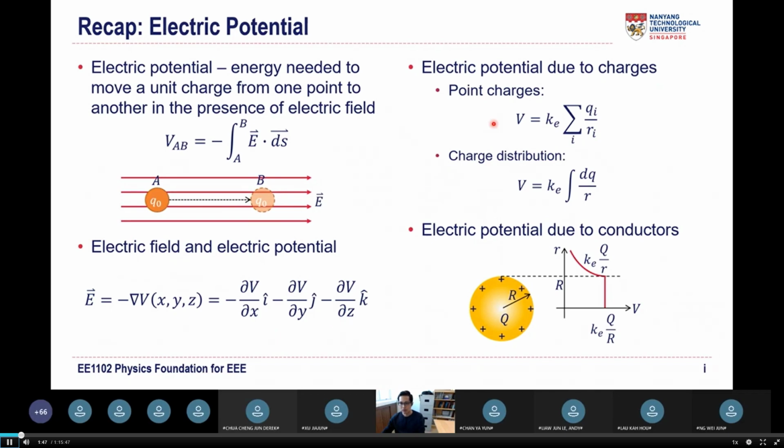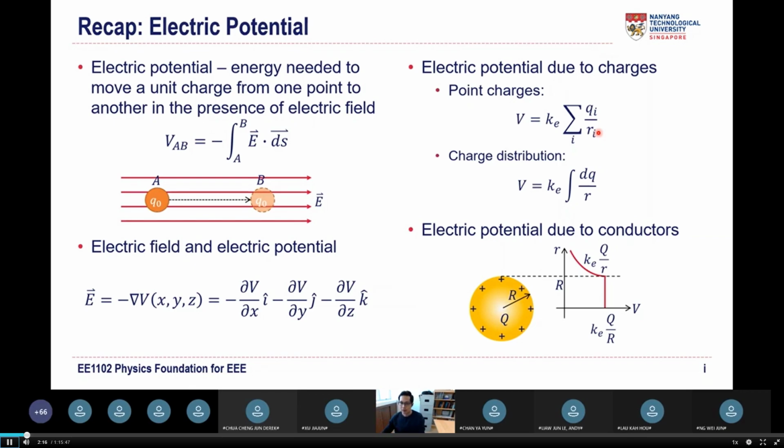And electric potential due to point charges can be calculated by doing an arithmetic sum of individual contributions. The electric potential created by one charge is just going to be Ke, the Coulomb constant, times Q divided by R, where R is how far away from that point charge you're trying to compute the electric potential.